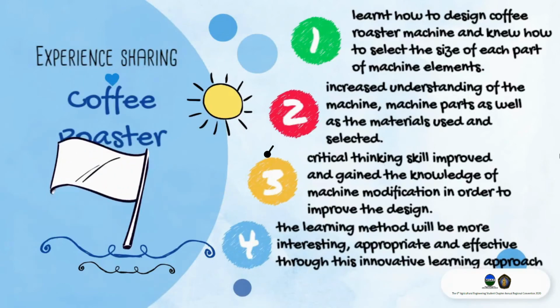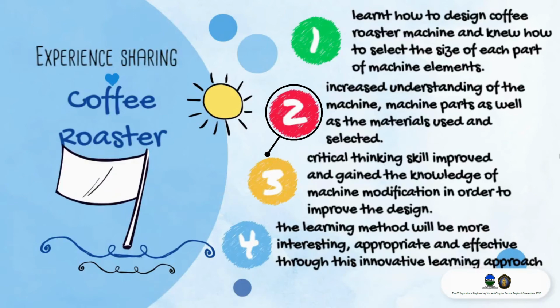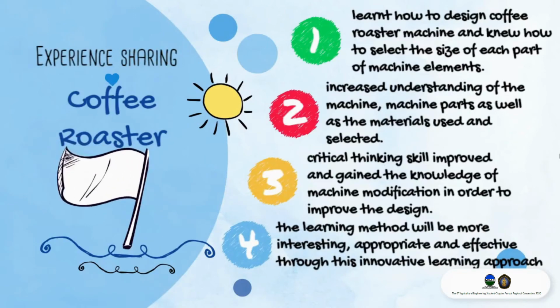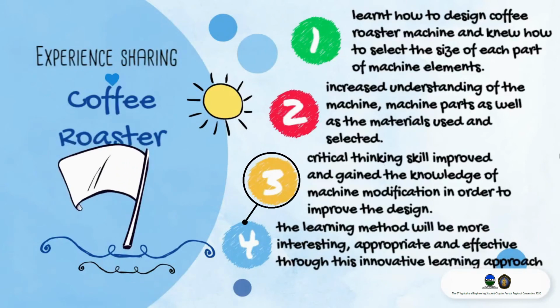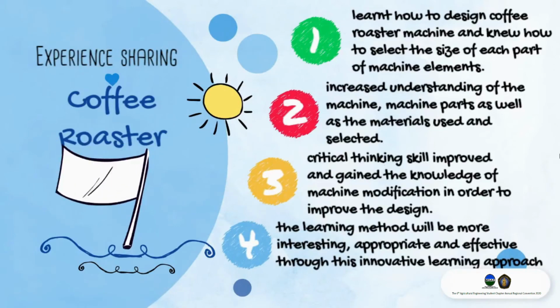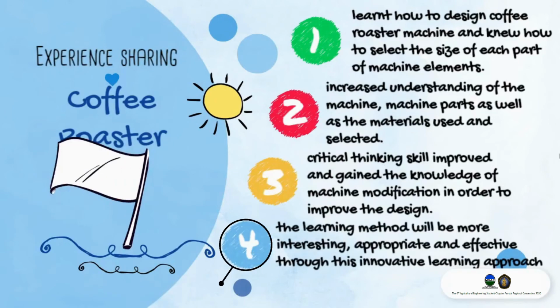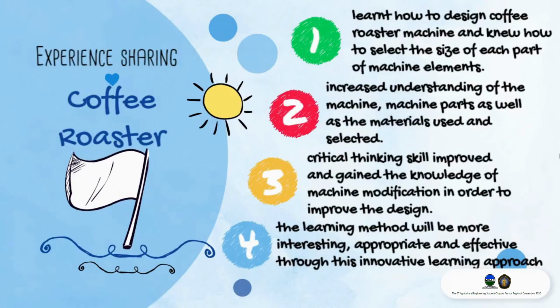Second, increased understanding of the machine parts as well as the material used and selected. Third, critical thinking skills improved and we gained knowledge of machine modification in order to improve the design. Lastly, the learning method will be more interesting, appropriate, and effective through this innovative learning approach.